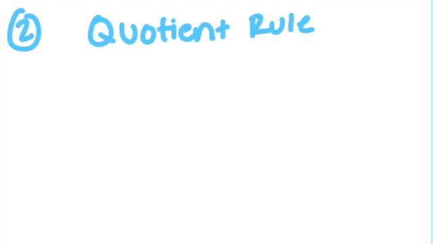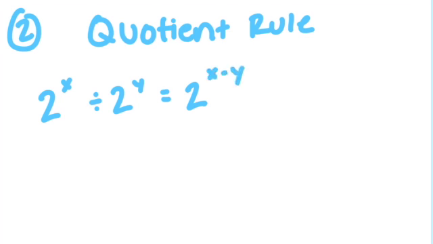Now the quotient rule is very similar to the product rule. If you have 2 to the x divided by 2 to the y, you leave the base the same, but instead of adding the x and y, you subtract the x and y.